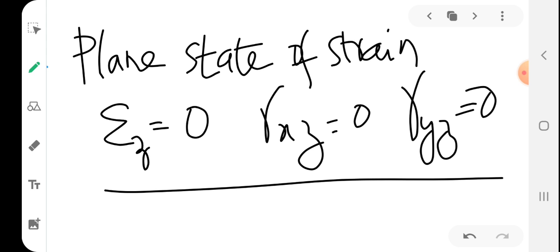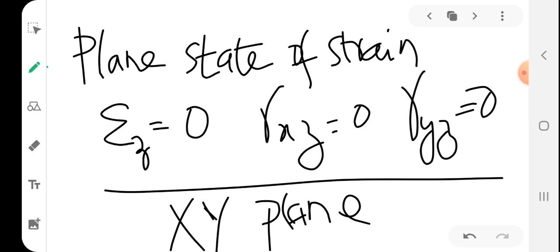So if all these three terms vanish based on a particular coordinate system, that particular state is said to have a plane state of strain parallel to the xy plane.